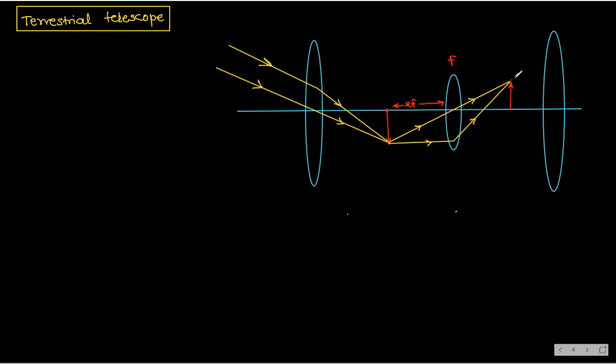Now this image is behaving like an object for this lens. So the first ray is going parallel like this, and then goes through the focus. Another ray is going like this.